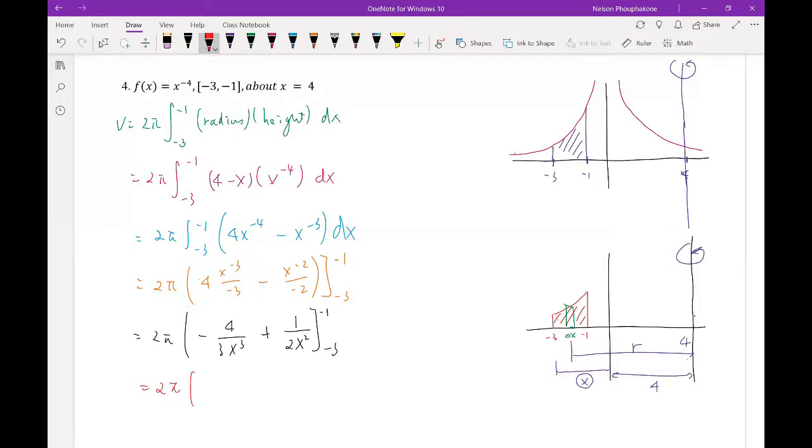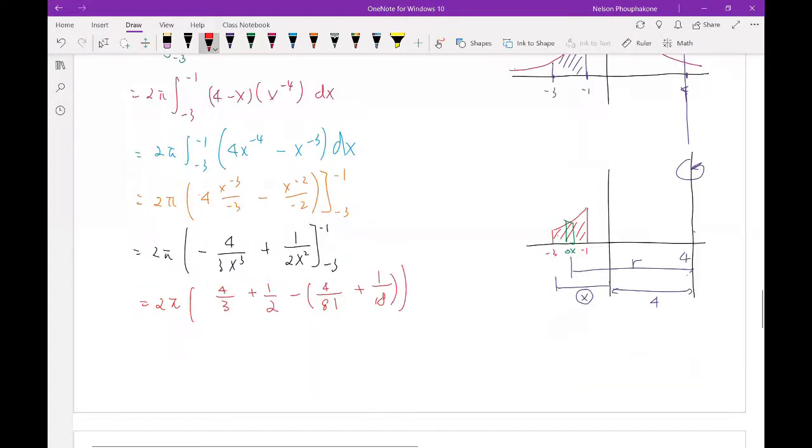Okay, so then now I will have 4 over 3 plus 1/2 minus 4 over 81 plus 1 over 18. And then now my answer will be 280 pi over 81. Okay.